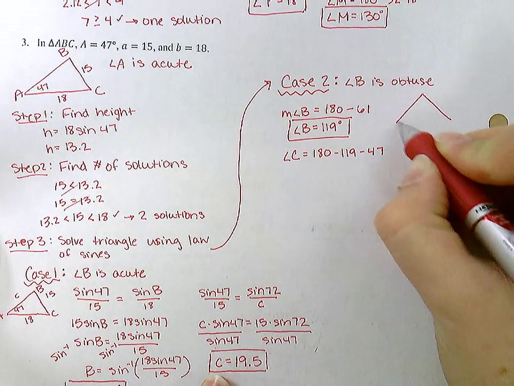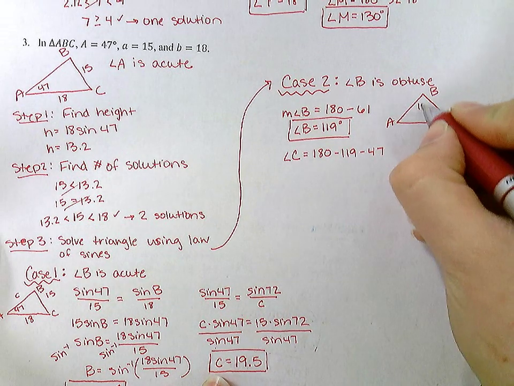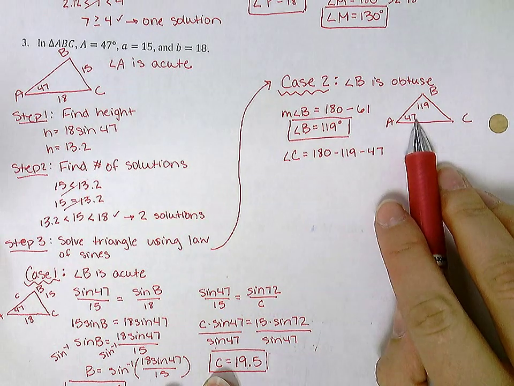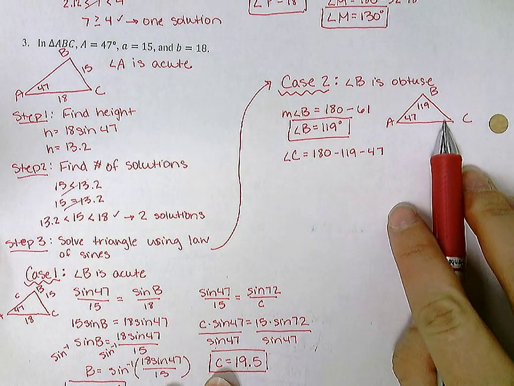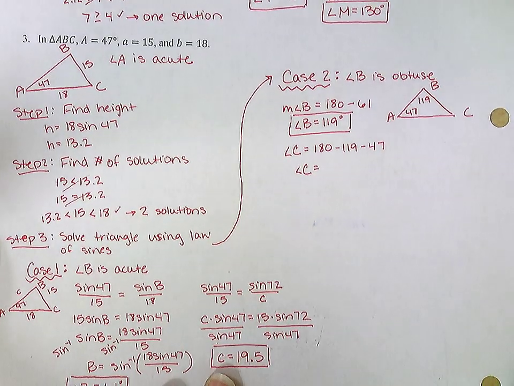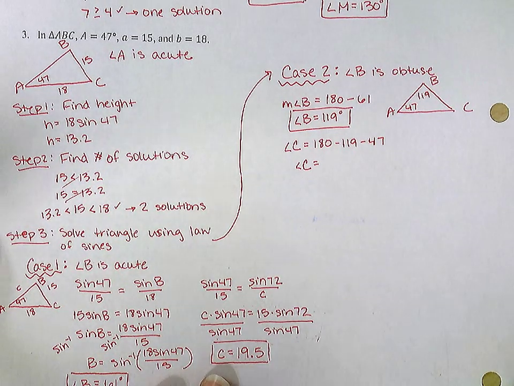Angle B is just obtuse now. Angle B was 119. Angle A is still 47. So again, just subtract those two from 180 to get angle C. That's 14.